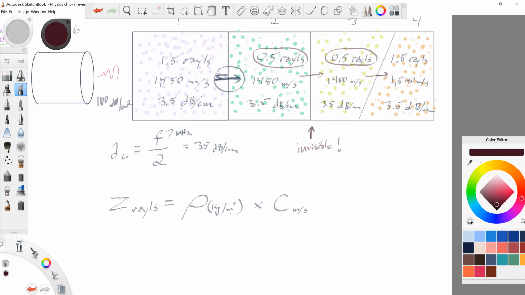Okay, well, there will be reflection. 1450, 1540, and there will be refraction. Now let's think about this. Speed up. Let's see. Normal is here, so speed up. The refraction would be like so.